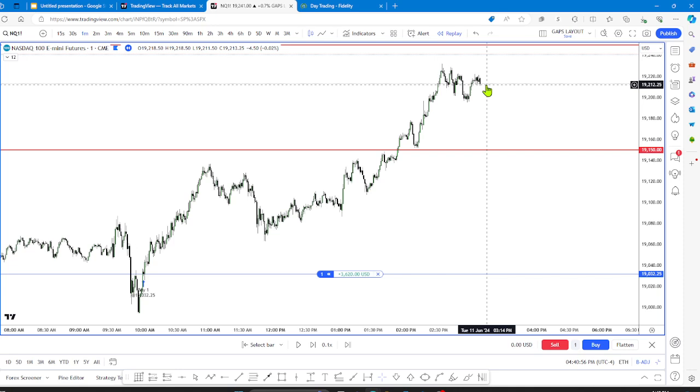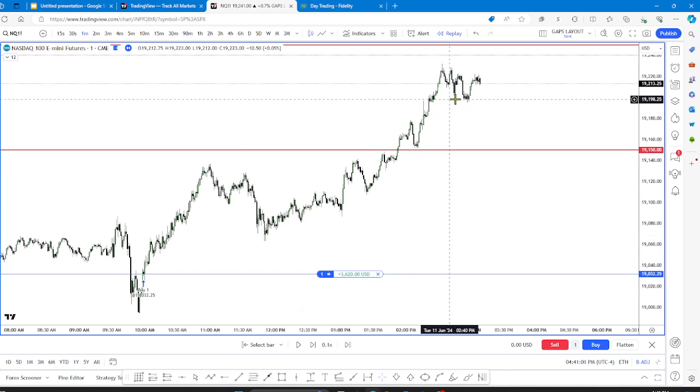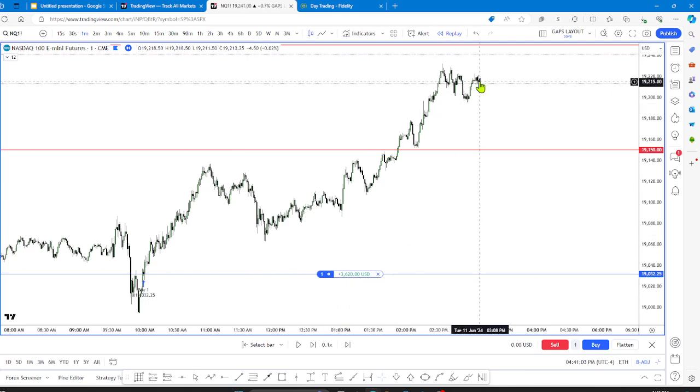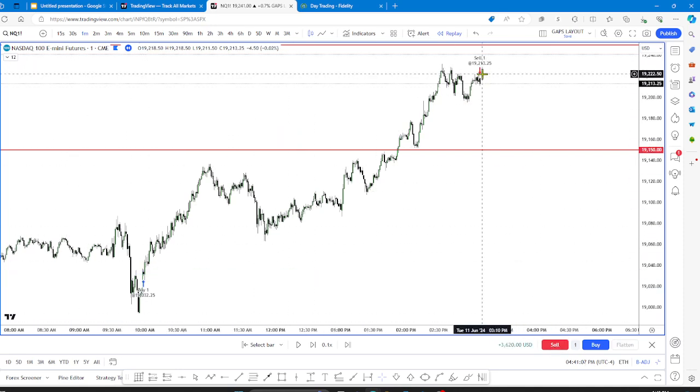So over 170 price point increase. Okay, so this is how you buy and sell, right? And then we would just hit sell. So we bought one and then sold it up here for a profit.